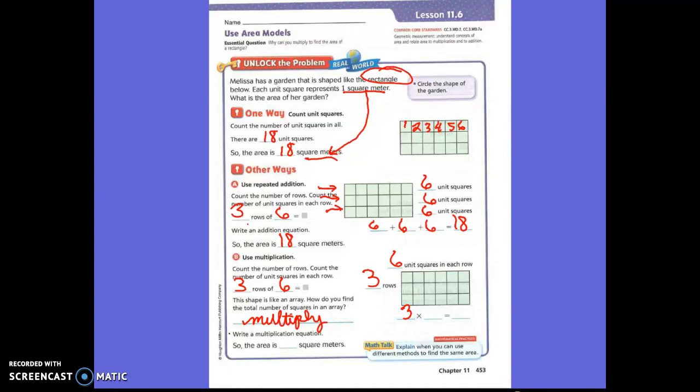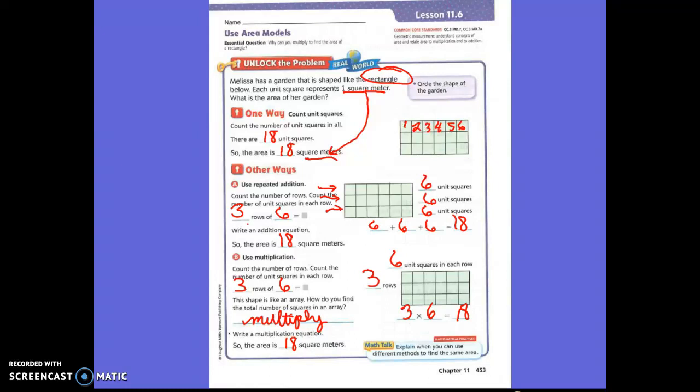The row should be our first one. So I'm right down here where it's doing the multiplication sentence. 3 times 6 equals 18. So the area is 18 square meters.